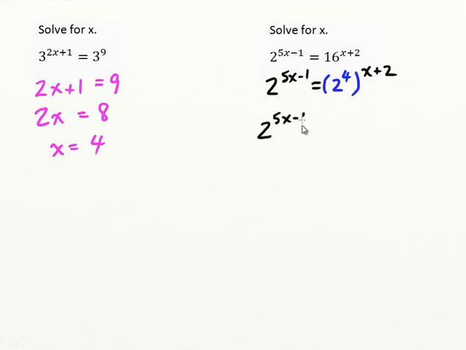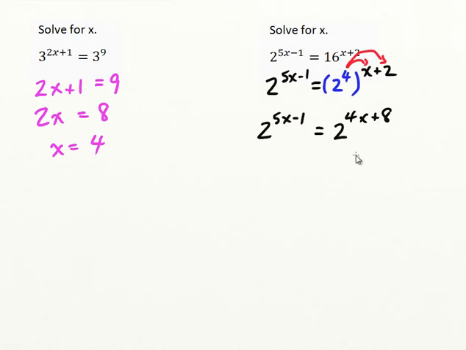So I'm going to get 2 to the exponent 5x minus 1 equals 2 to the exponent, and we're just going to go ahead and apply the distributive property. We know that we multiply the exponents when we have an exponent raised to another exponent. So this is going to be 2, and 4x is the first term, and then 8 is the second.